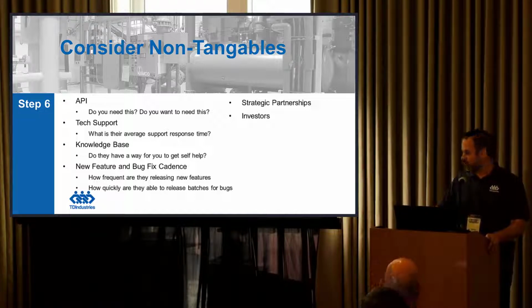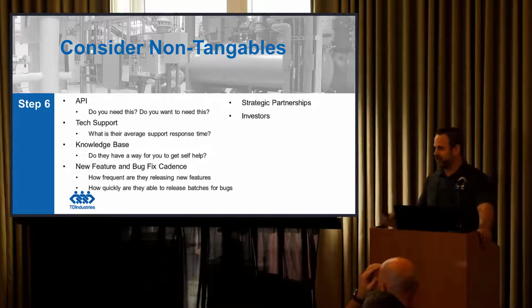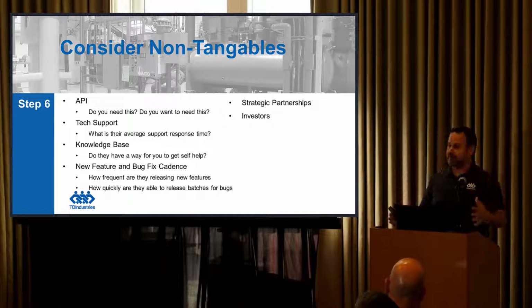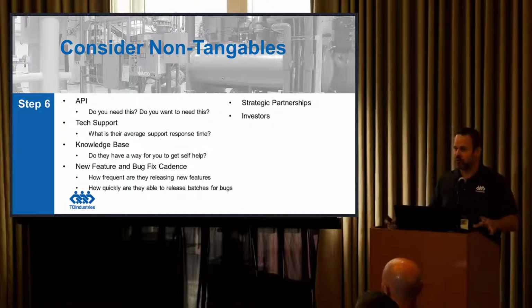Sometimes this may require a whole separate review call with someone who has a little bit more knowledge from a technology standpoint to say, what data do we have access to from inside your product, okay? Do you need an API? Do you have any desire to take the data from said product and deliver it to another product, right? Do you want to need this, right? Maybe for right now, we'd be really happy if we could just use the out of the box.